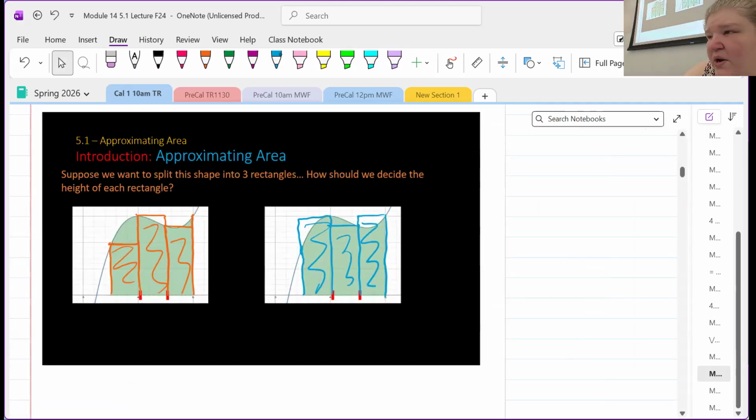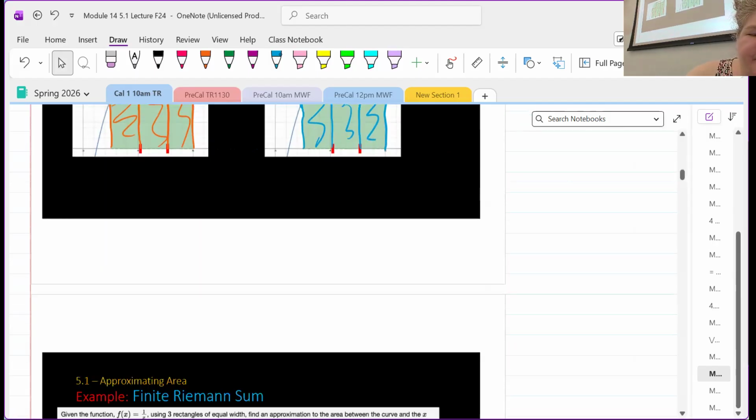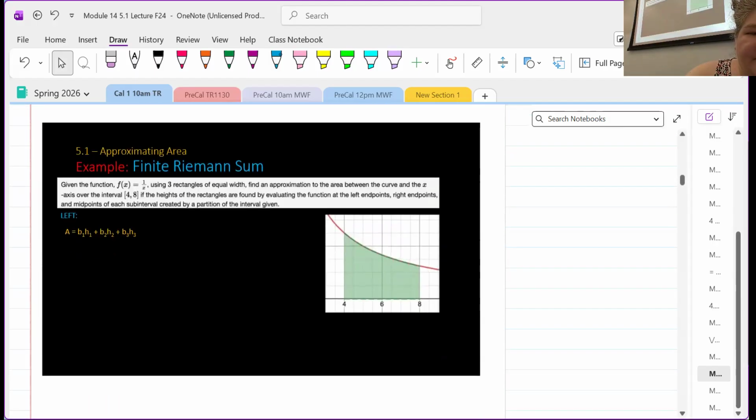But of course, we know in math, we can take rough estimates and do math magic and get better estimates. But before we do that, we're going to do area under a curve the long, tedious way. So we've got the function 1 over x.